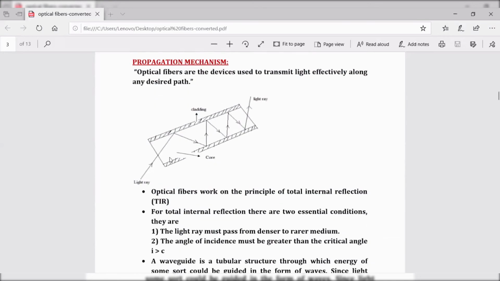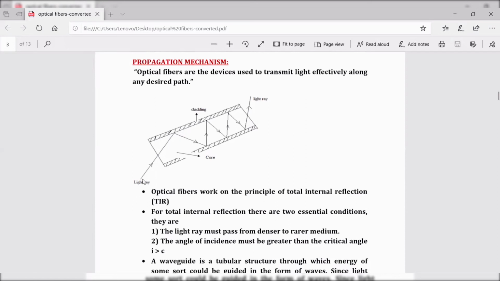So consider this as an optical fiber. We know the inner layer is called the core and the outer layer is called the cladding. This line stands for the boundary between the core and the cladding.